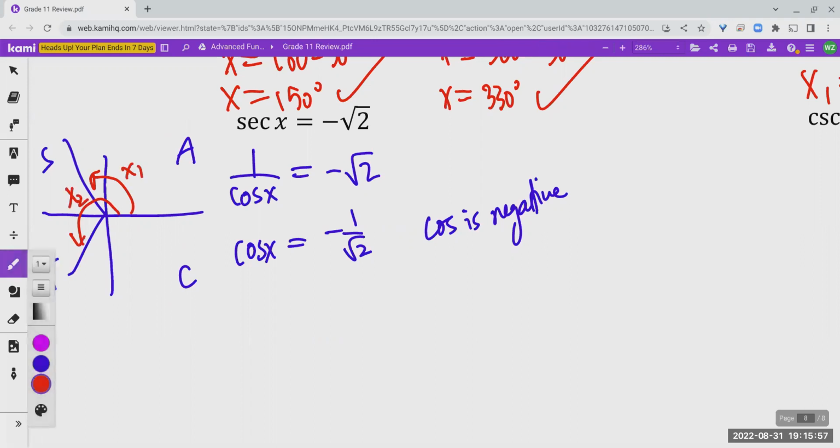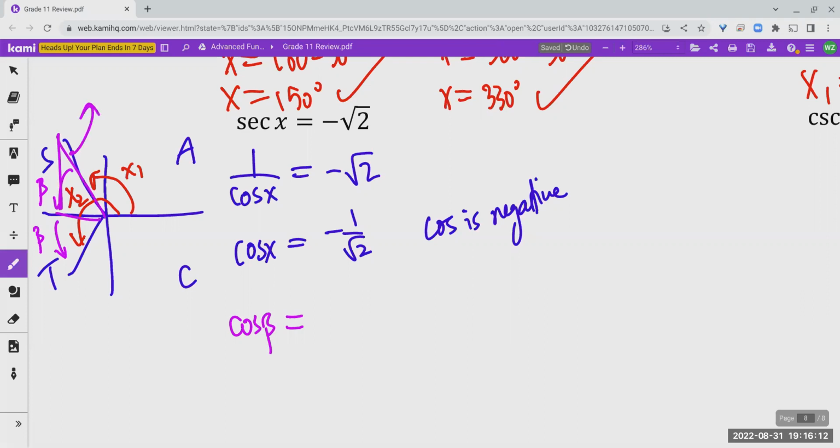This is getting repetitive. To solve for these, you're going to need the betas. So cos beta, because we're just looking at the acute triangle formed, beta, because it's a triangle, we don't care about the negatives. The size of a triangle is positive.